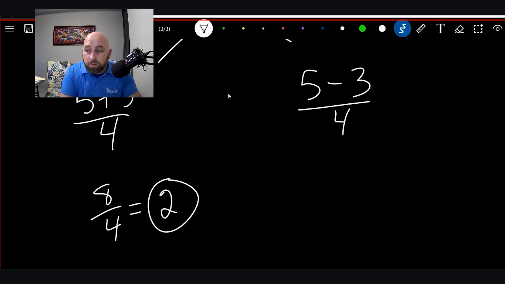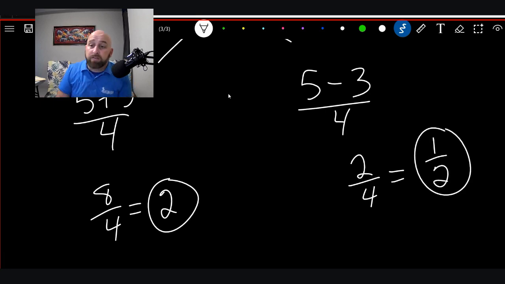So one of our solutions is 2. 5 minus 3 is 2 over 4, which solves out to 1/2. Okay, both positive solutions. So 2 and 1/2 are our two solutions for that one.